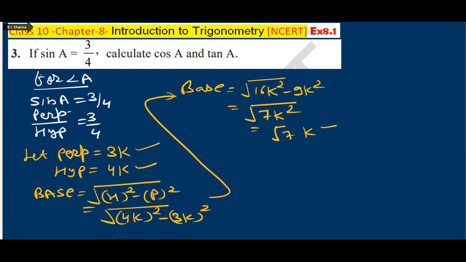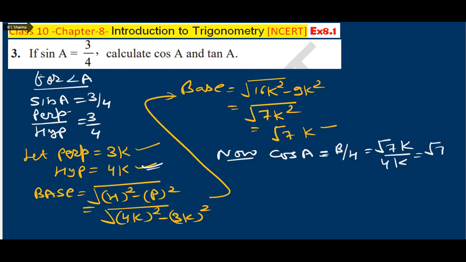Now, cos A. Cos A, cos means base upon hypotenuse. Base is root 7k and hypotenuse is 4k. K and k cancel. So root 7 upon 4 is the answer.